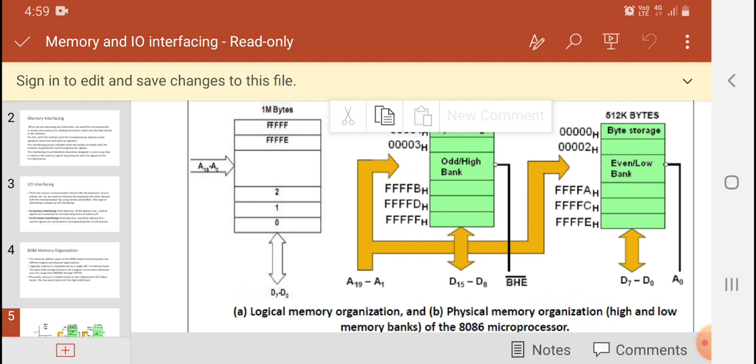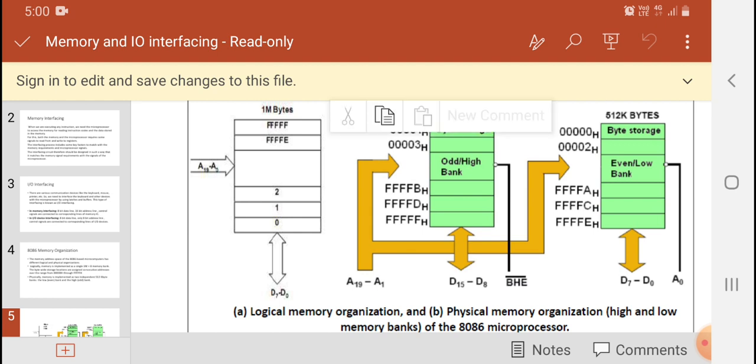All the odd memory locations, 1, 3, 5, will be placed in the higher bank, called the odd bank, and all the even memory locations are placed in the even bank or low bank. I am segregating the 1 MB into 512 KB of odd bank and even bank. Both banks can be accessed with A1 to A19, and the data bus is D0 to D7 for the lower bank, and D8 to D15 for the higher bank.